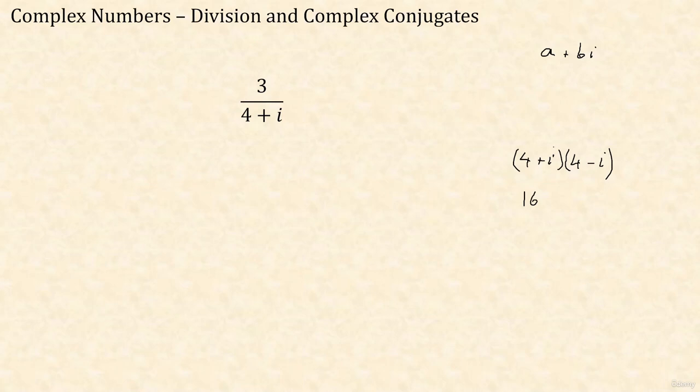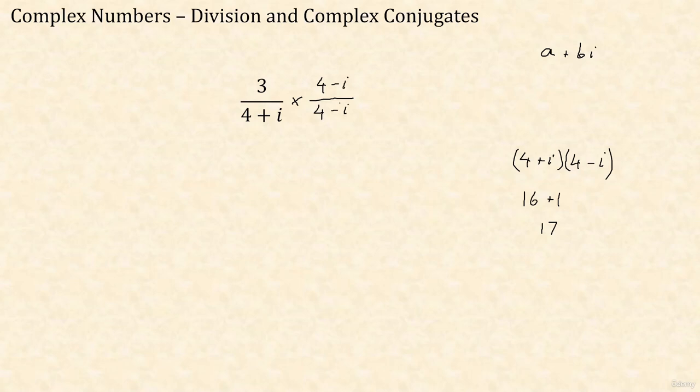So negative 4i plus 4i, they cancel, and I'm just left with i times negative i, which is minus 1 times minus 1, so it's just plus 1. And that's 17. So what I can effectively do is multiply the top and the bottom by the term which will introduce a difference of two squares multiplication here, 4 minus i.